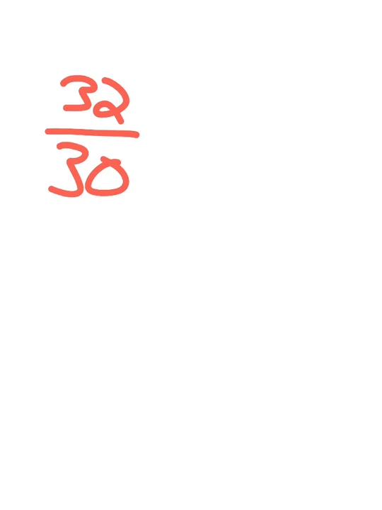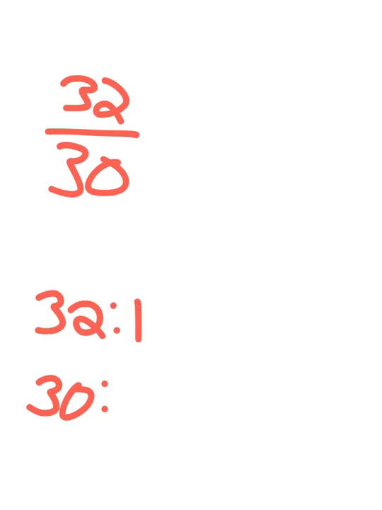You could do the 32 and 30, find your factors. What would 2 times what give you 32? Would it be 16? Yep. So those would be your factors of 32.